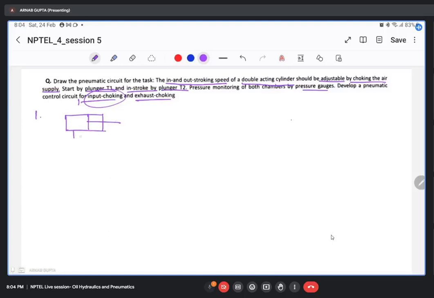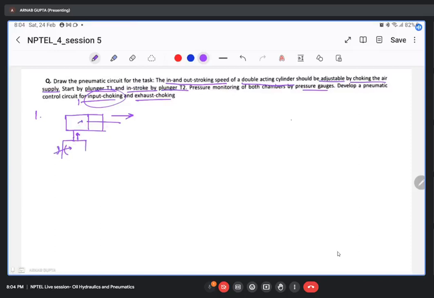This is your input. As you can understand, if you are doing input choking, suppose when the cylinder is extending outside, the flow coming through here for the cylinder to extend should come through a metering circuit, right?